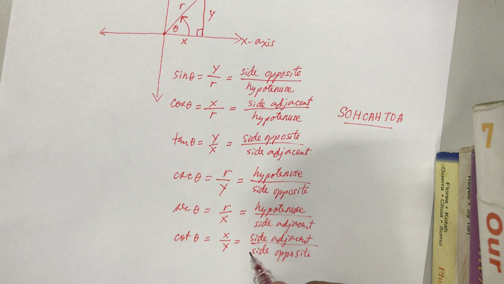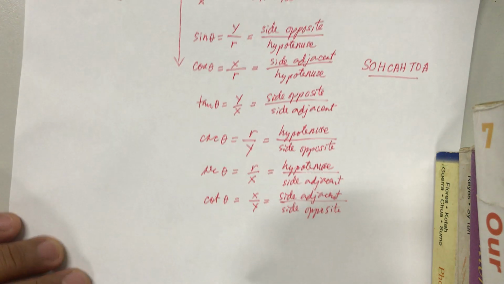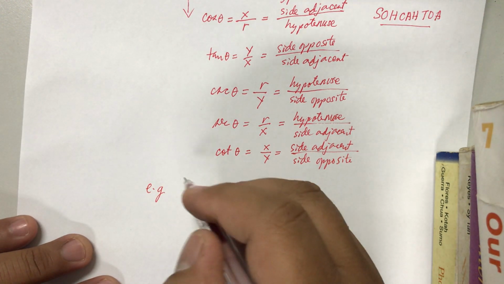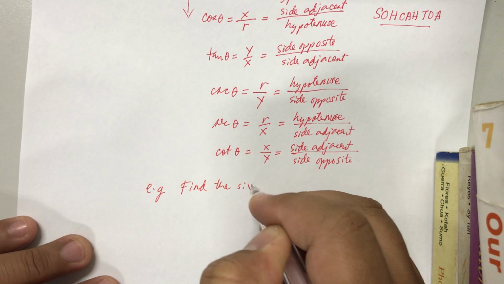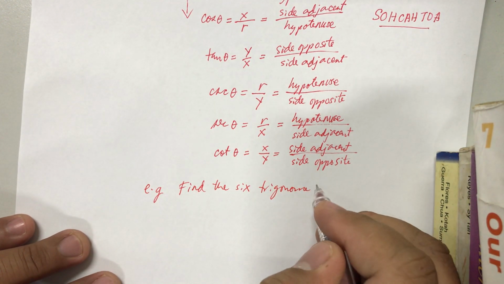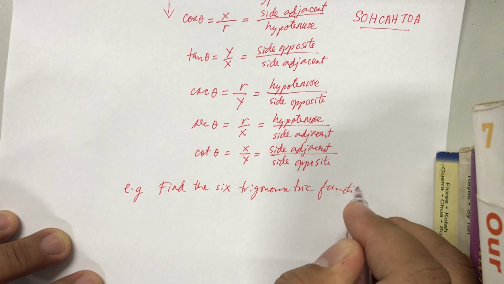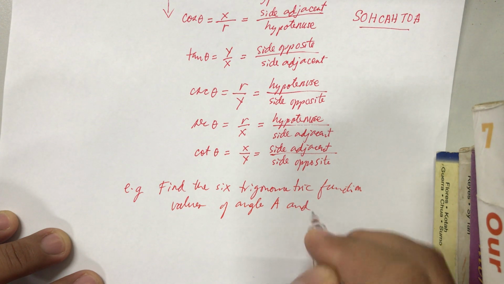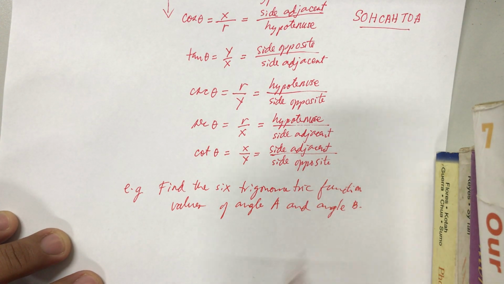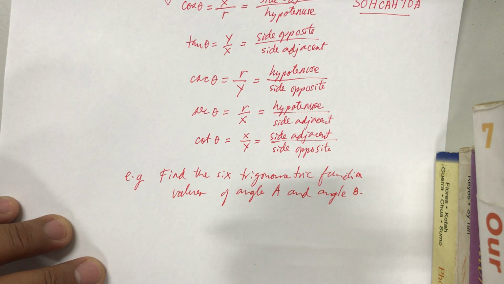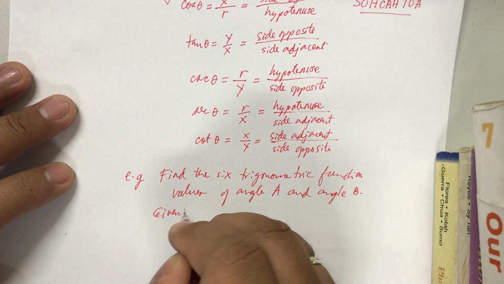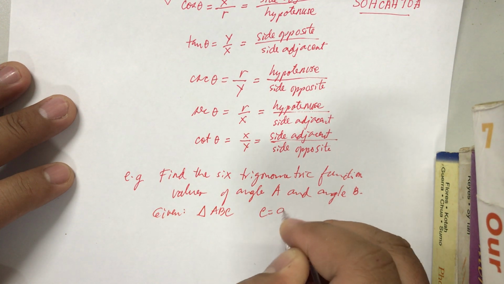Let us now proceed to an example. You are to find the 6 trigonometric function values of angle A and angle B, given triangle ABC, wherein C is the right angle.